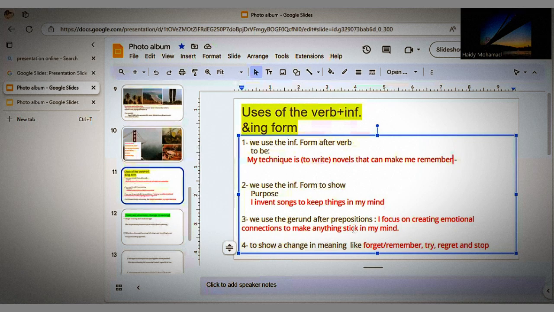We will see some examples together so we can understand and get the difference on our own. I don't want you to memorize anything. All we need is to understand every example well.